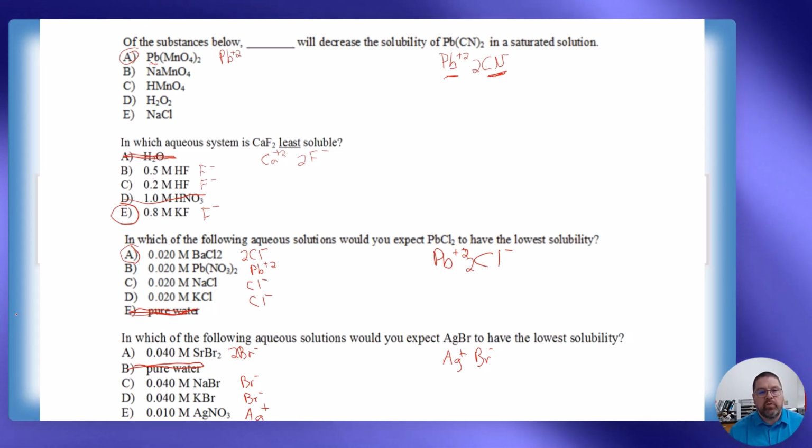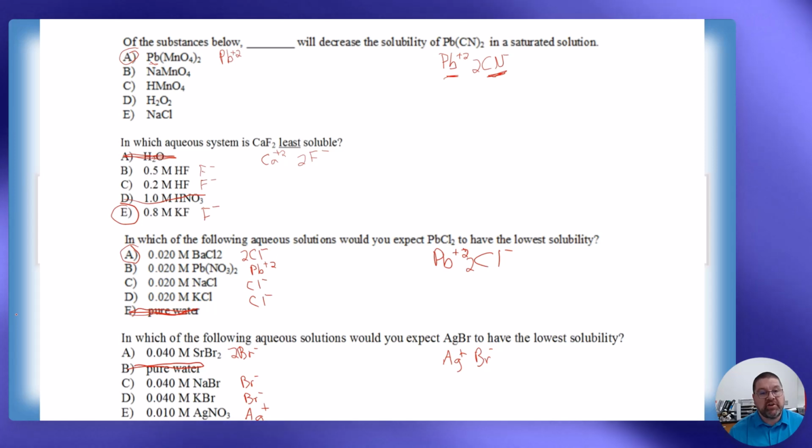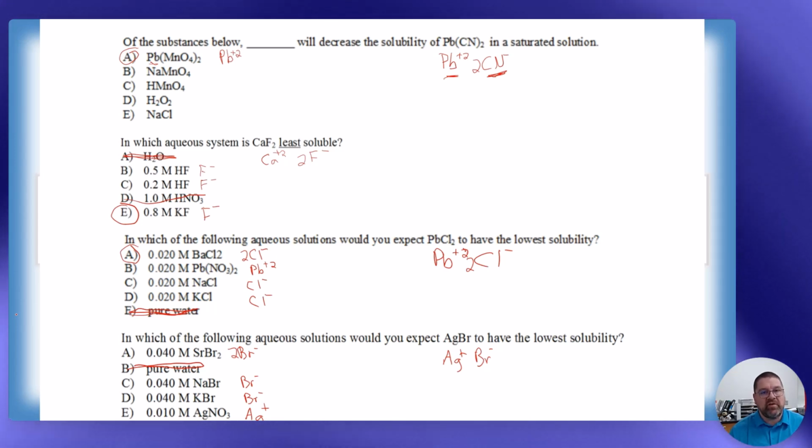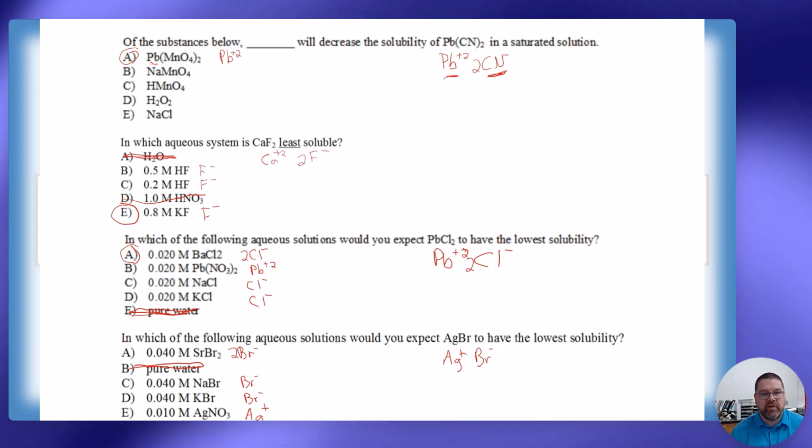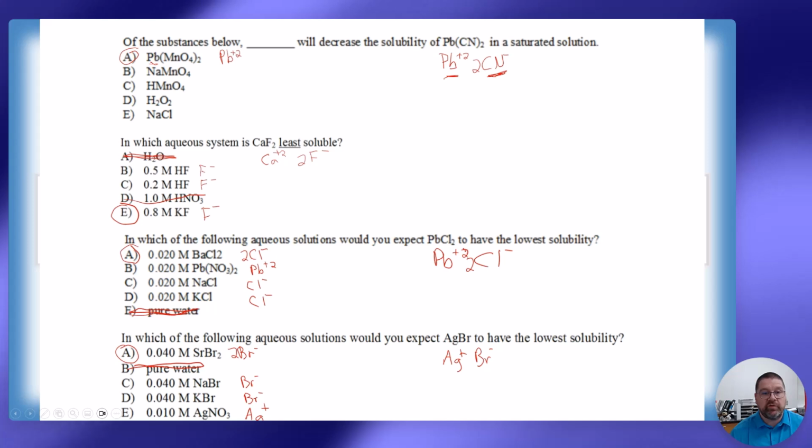And so we see that in the strontium bromide, we actually get 2 bromide ions. And when we take that into account with the molarity of the solutions, we would get 0.080 molar concentration of the bromide ion. So that would be the greatest interference and therefore lower the solubility of the silver bromide the most.